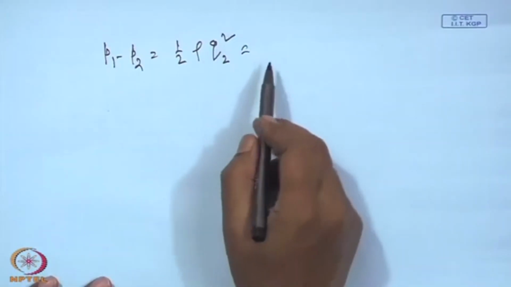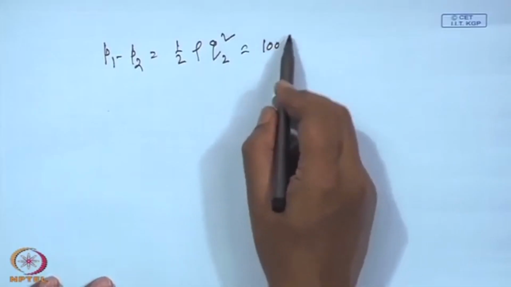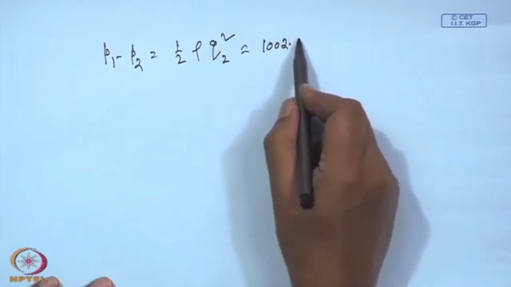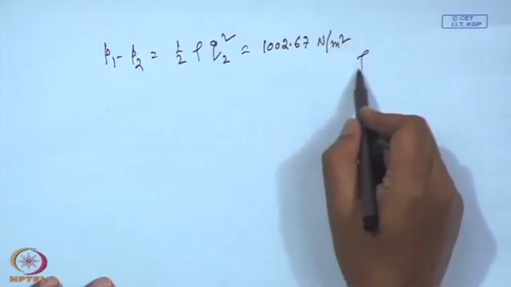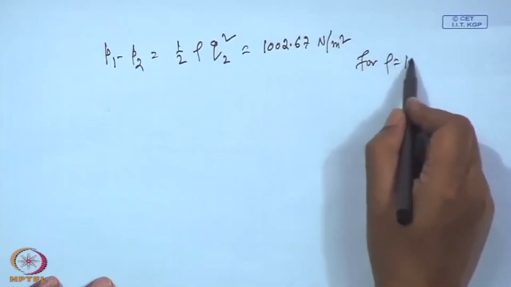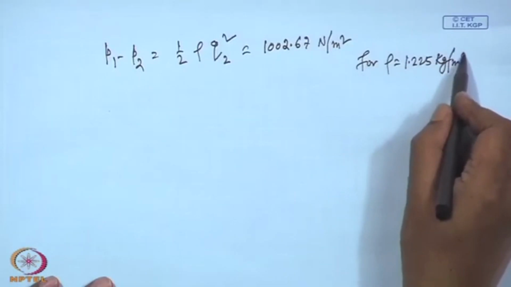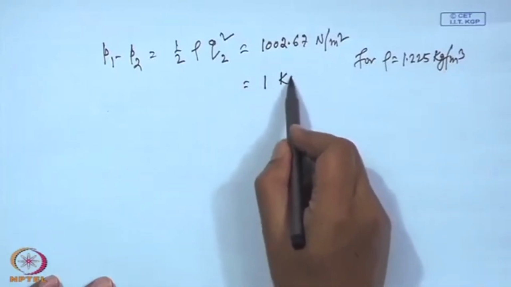Otherwise, of course, you can leave it in terms of rho, it does not matter. But using that 1.225, this happens to be approximately 1 kilopascal.